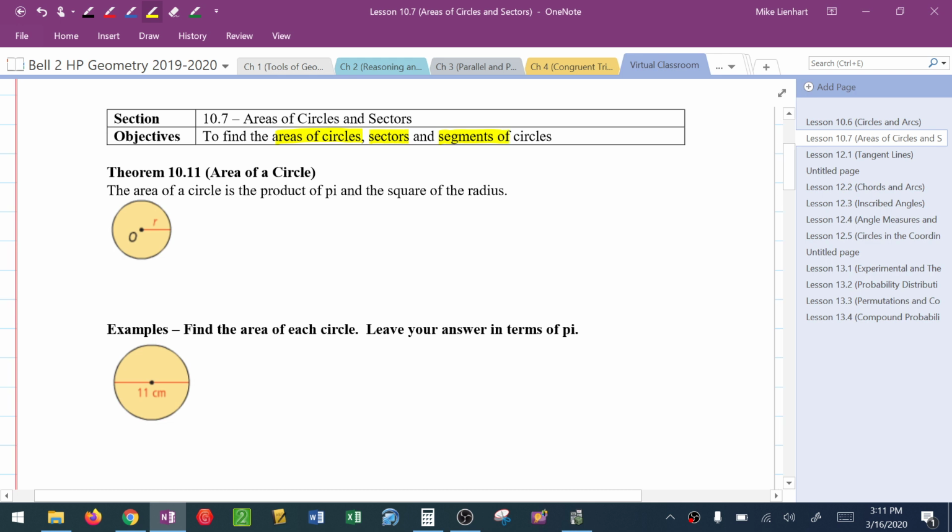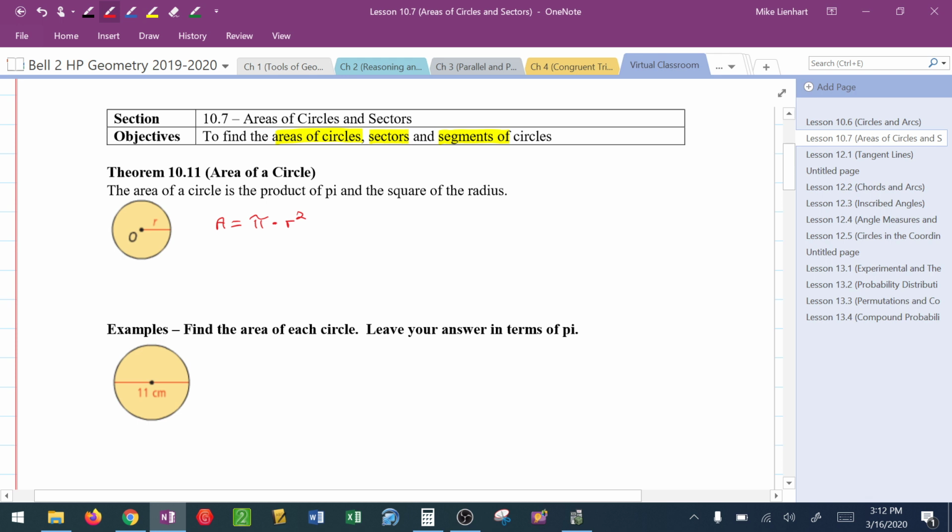All right. So let's start off. Let's make sure that we understand how to find the area of a circle. I know that the area of a circle can be found by taking pi times the radius squared. Now again, sometimes they're going to ask us to leave the answer in terms of pi, and that just means pi is in the answer.